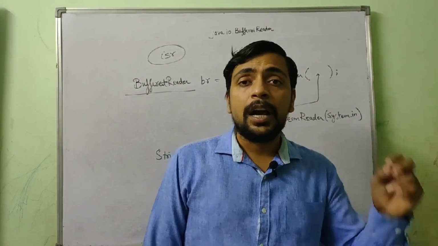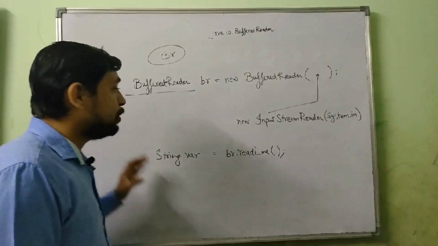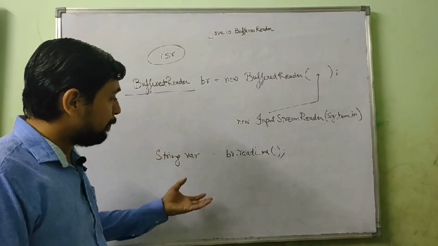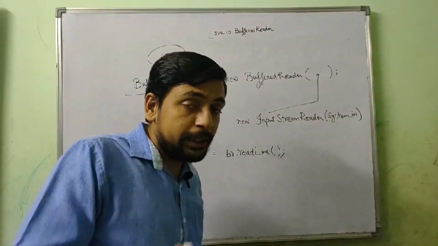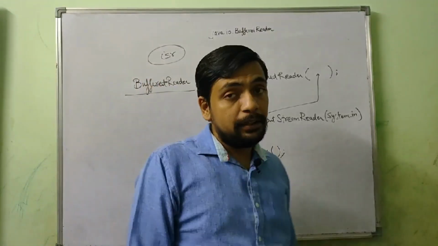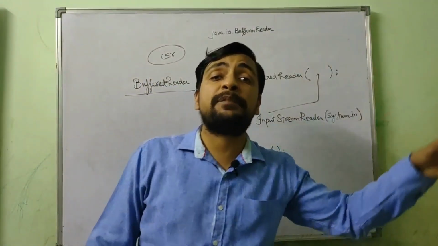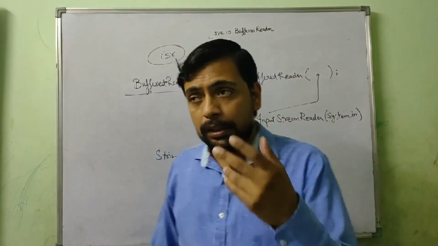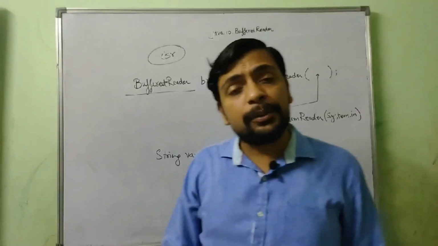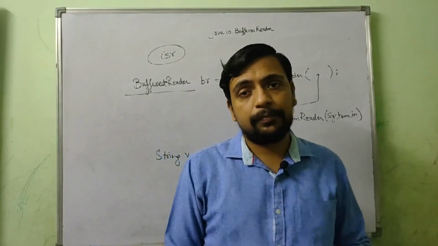What are the two ways? First way, it can be resolved by taking a string from the user and then converting that specific string to any specific primitive data type. So it's accepting a string and converting to a specific type, first way.